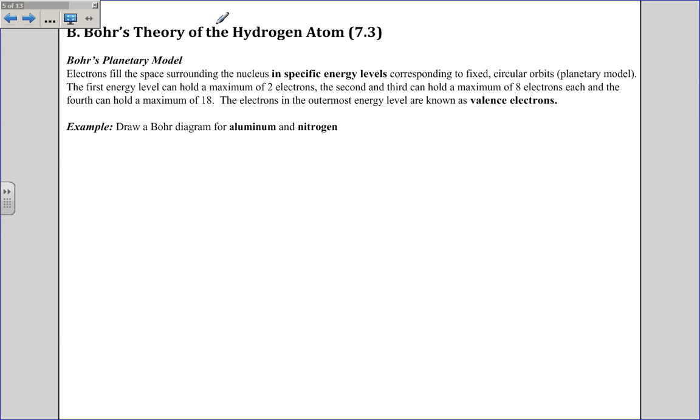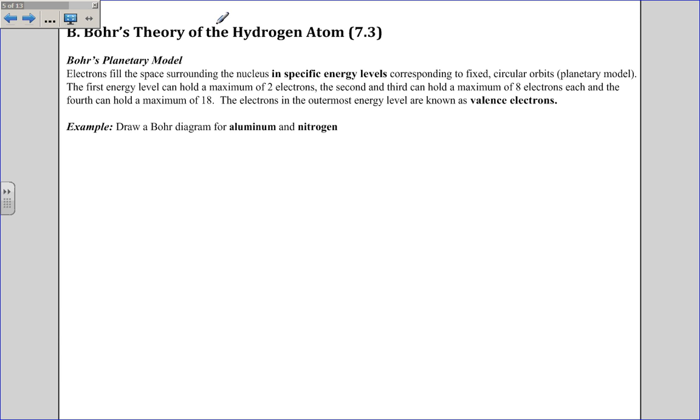So the electrons are essentially traveling around the nucleus like planets would around the sun. In the different energy levels, there's a different specified number of electrons. We can hold 2 in the first energy level, 8 in the second and the third, and the fourth is a maximum of 18.